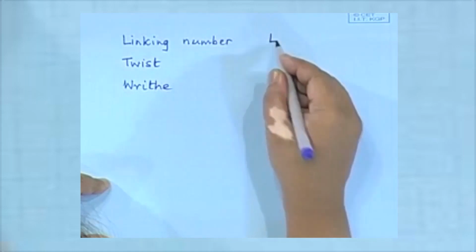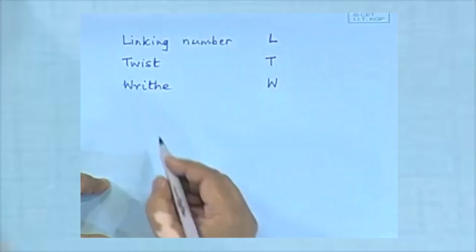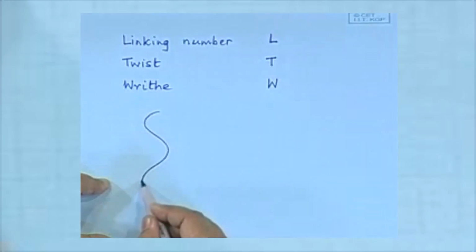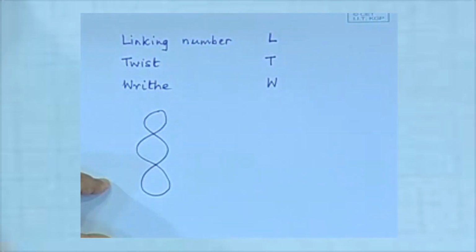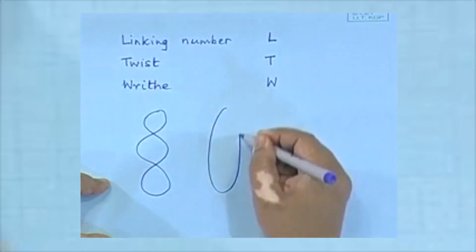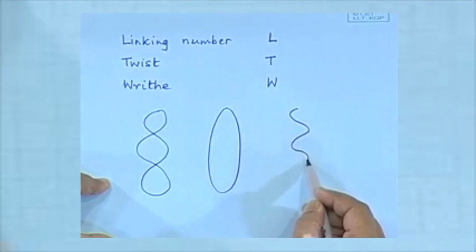This is referred to as L, T, and W. What happens here is you have something like that, that is formed from this. You can even have this go even further.